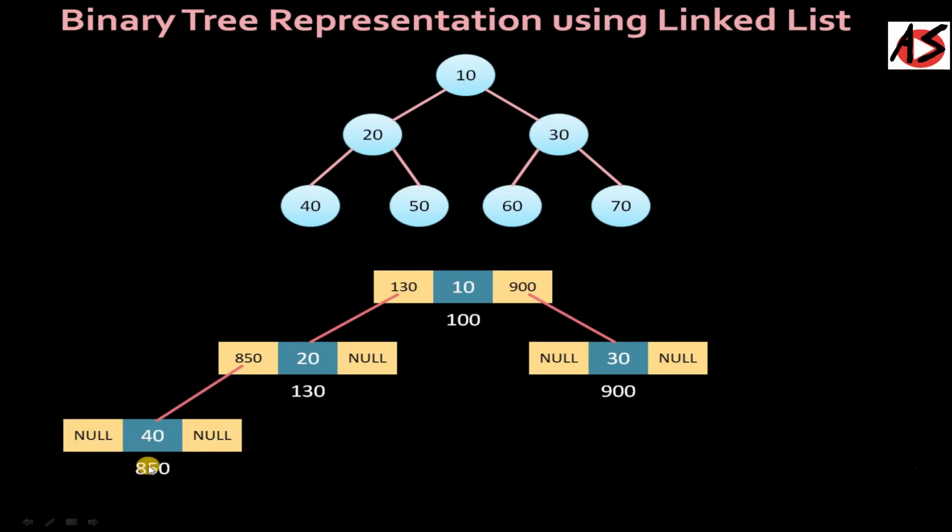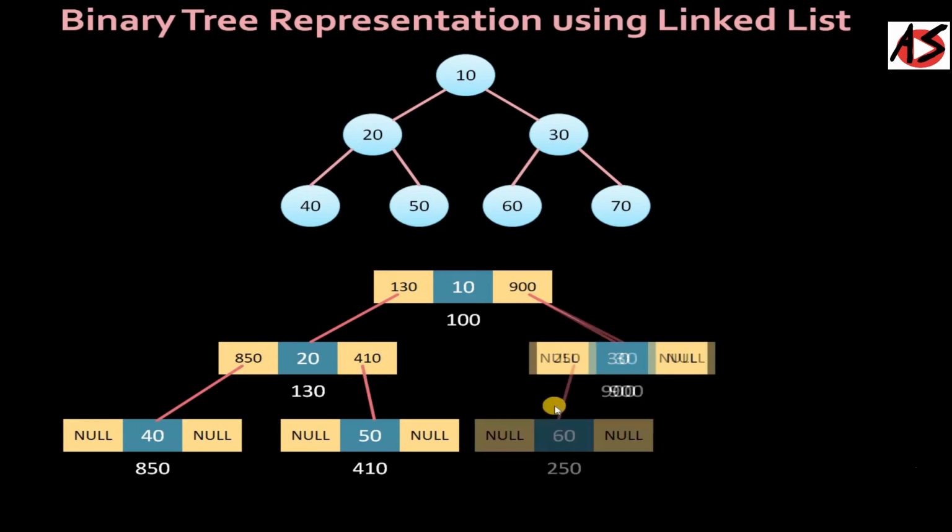Since the address of this node is 850, you take its parent's left pointer as 850. Now you are taking the next node, that is 50, in which you take left pointer null, right pointer null. Since this node is at 410, you take its parent's right pointer as 410.